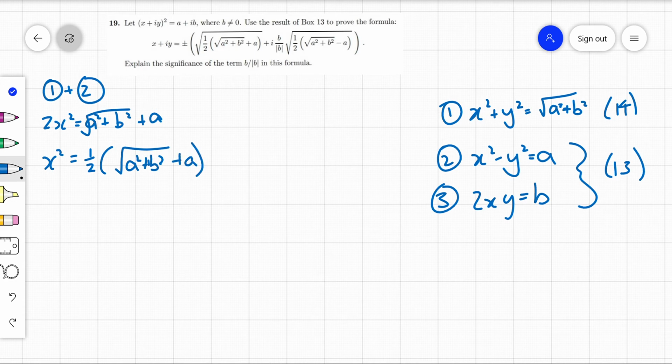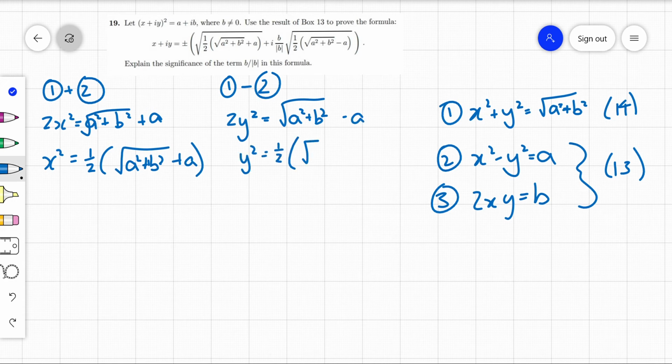If I have a look at equation 1 minus 2, this time we're going to get 2y squared. We would have the square root of a squared plus b squared minus a this time. So y squared is half the square root, but this time it's minus a.